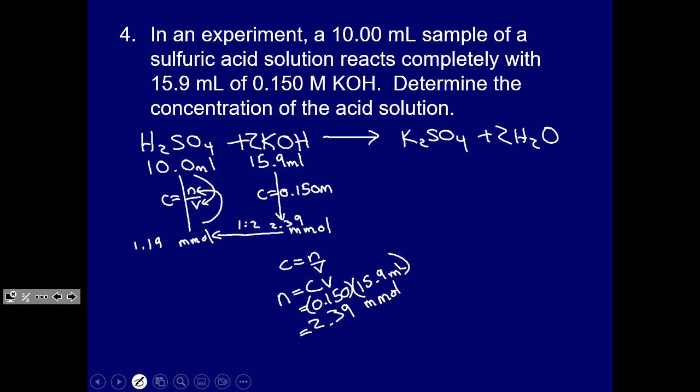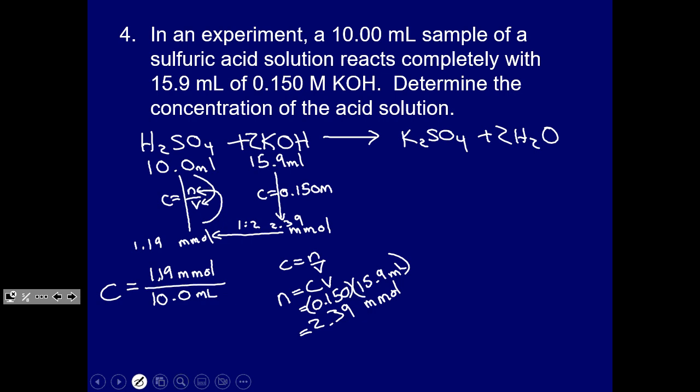Now, when we put it in to find the C, C equals N over V, it says right there, C equals, I'm going to put in the N, 1.19 millimoles divided by 10 milliliters.